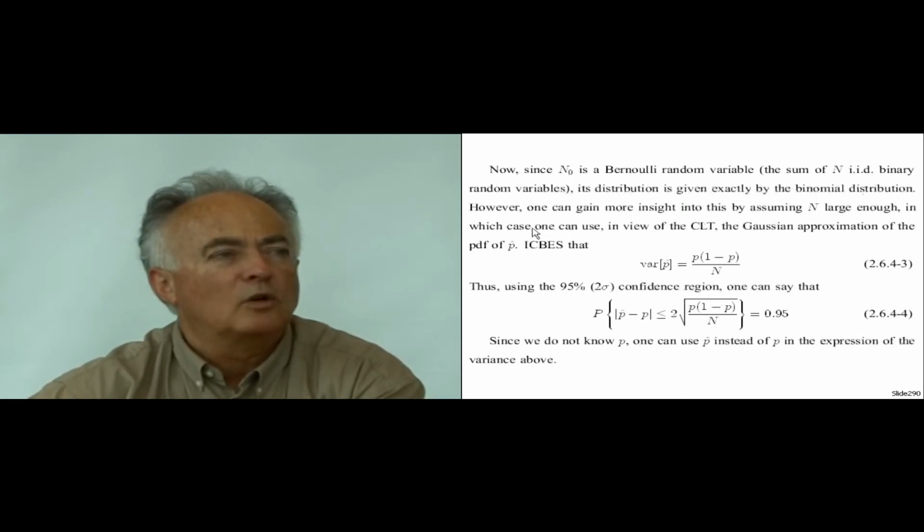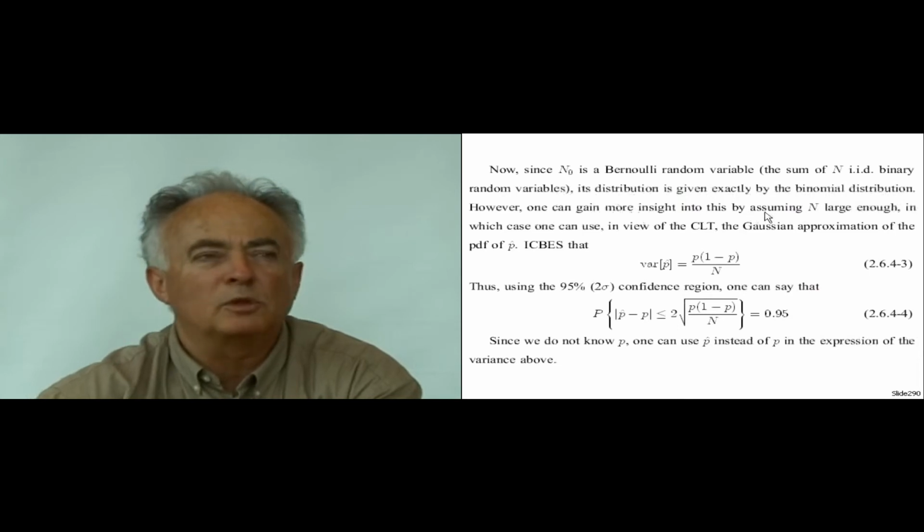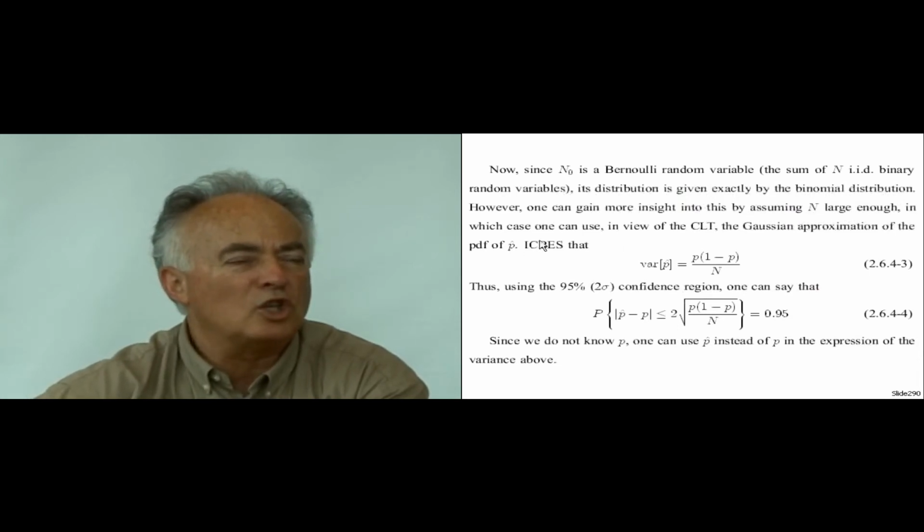However, we can again simplify the problem by assuming that the number of experiments n is large enough, in which case, again using the central limit theorem, we rely on the Gaussian approximation of the probability density function of p hat.